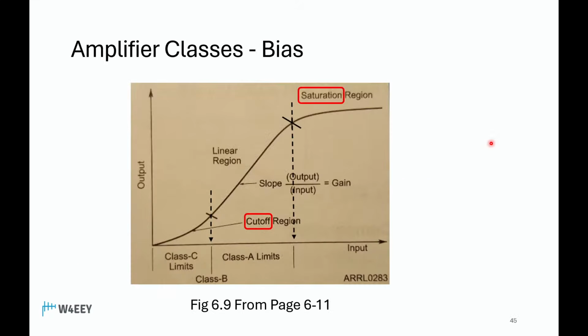Another way of looking at it, this is an expanded version of what we just showed between saturation and cutoff. The easiest one to see is probably the Class A, where we set the bias at this point, it's amplifying plus and minus. C and B, it's less than that.